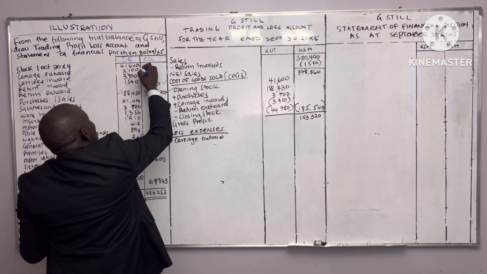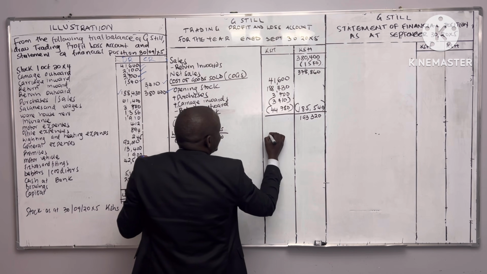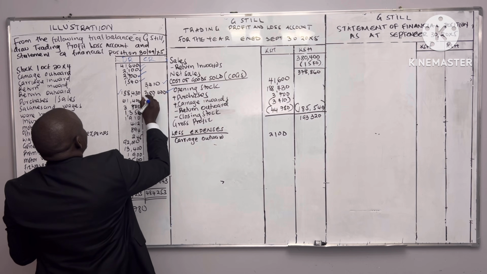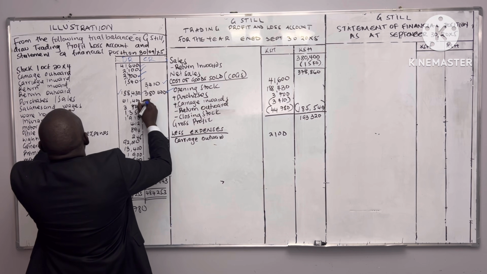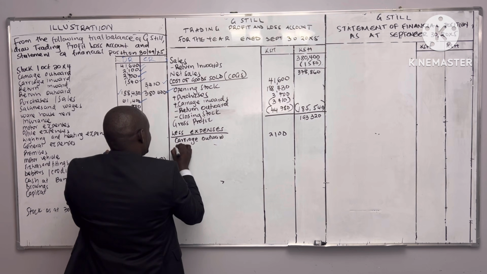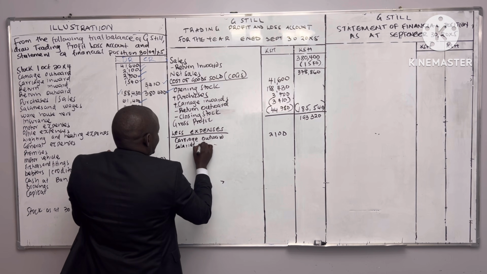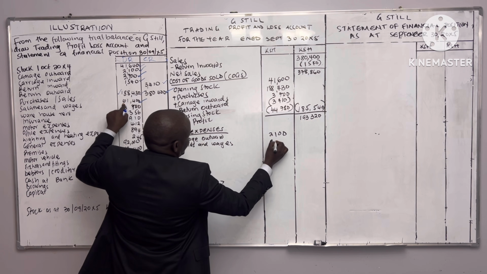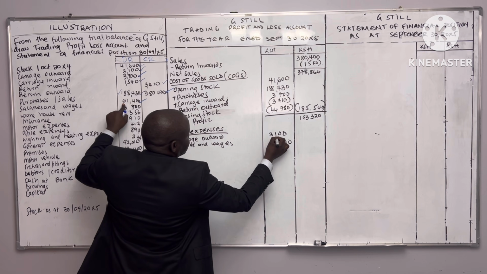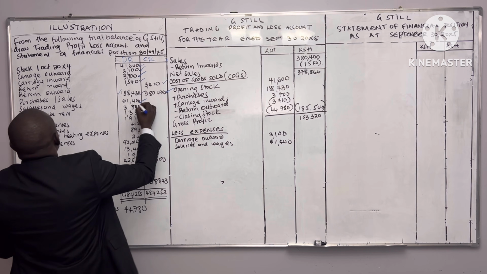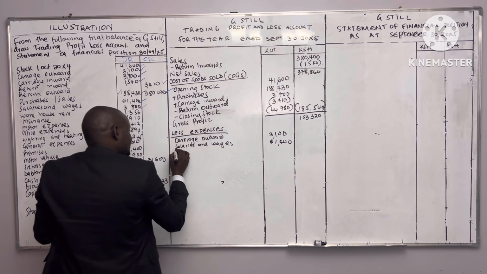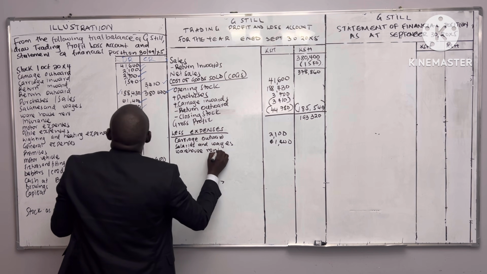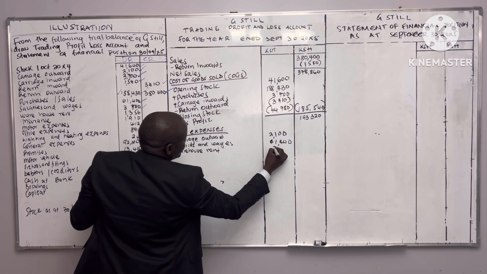Carriage outward, I tick that one: 2,100. I think this one we have posted. Salaries and wages, $61,400. Warehouse rent, $3,700.